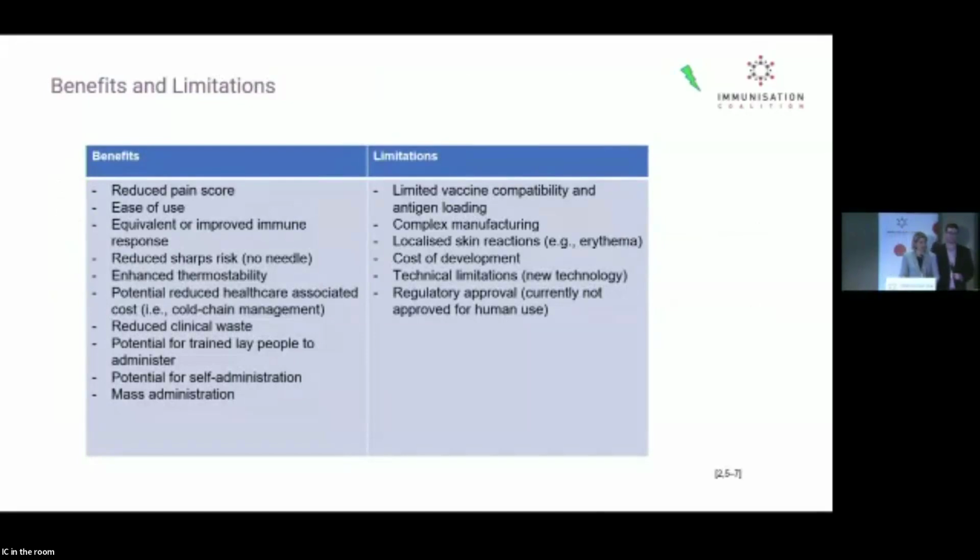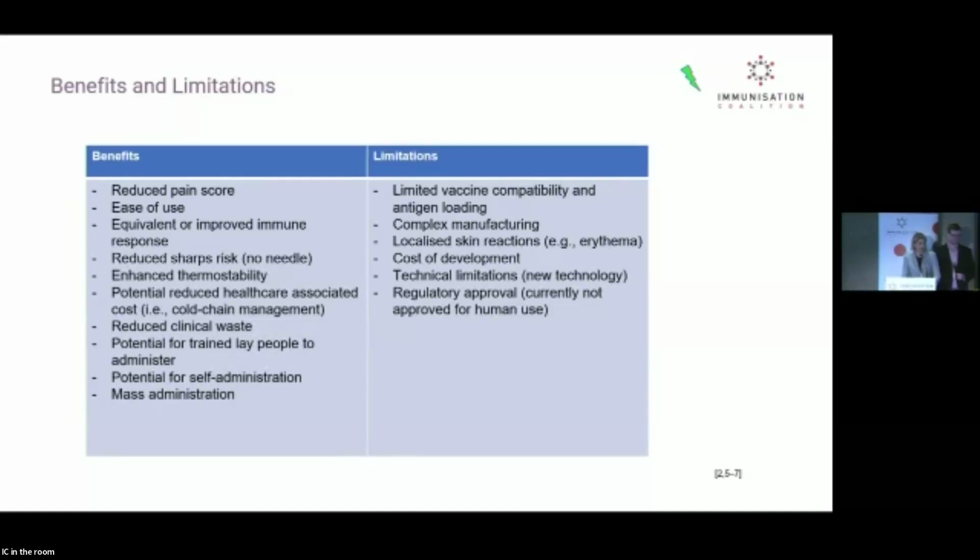In terms of some of the benefits and limitations of microarray patches, there's a reduced pain and discomfort score, which is very important for consumers, and ease of use. There's equivalent or improved immune response with delivery via microarray patch. Obviously, there's reduced sharps risk with no needles. There's certainly enhanced thermostability.